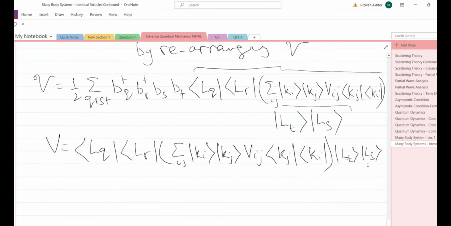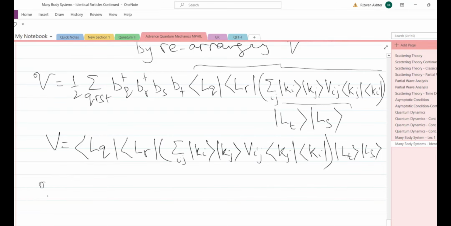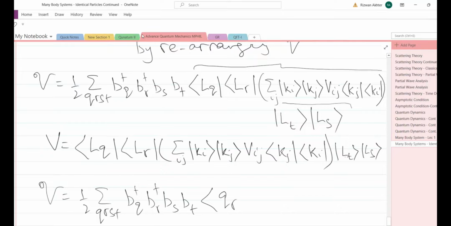And so our interaction potential becomes half, summation over q, r, s, t, Bq dagger, Br dagger, Bs, Bt, and that is in fact the qr state.